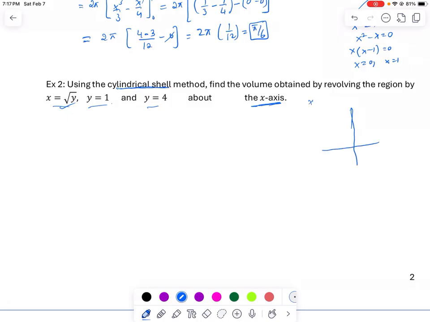Remember, if x is square root of y, then it means y is equal to x squared. So it means x squared, this type of function, and then it says going from 1 to 4. So remember, when y is 4, x will be 2. When y is 1, x is 1.